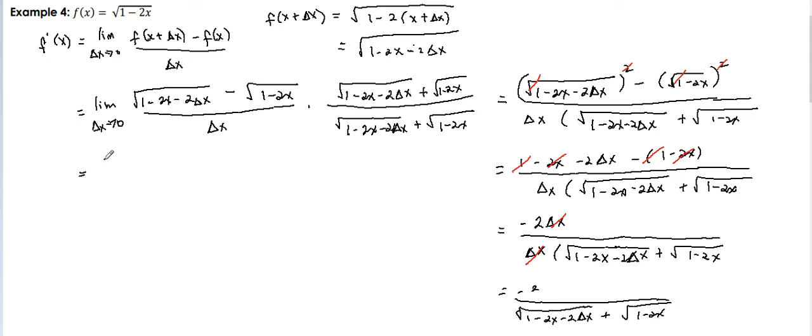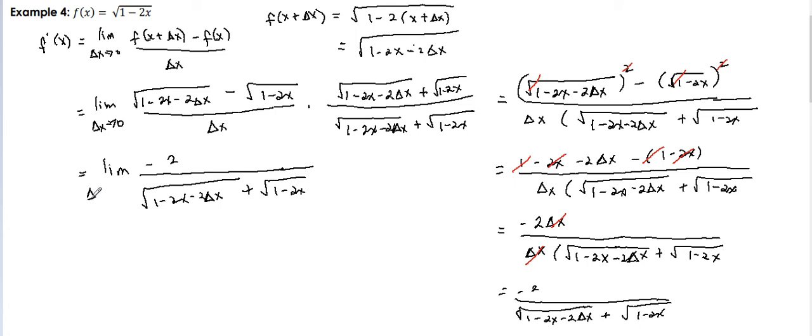Okay, so pwede natin ilagay dito. So we have here the limit of negative 2 all over square root of 1 minus 2x minus 2 delta x plus square root of 1 minus 2x as delta x approaches 0. Okay? So, ngayon, yung lahat ng delta x gawin natin 0.